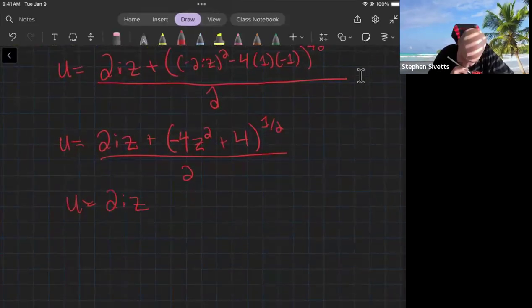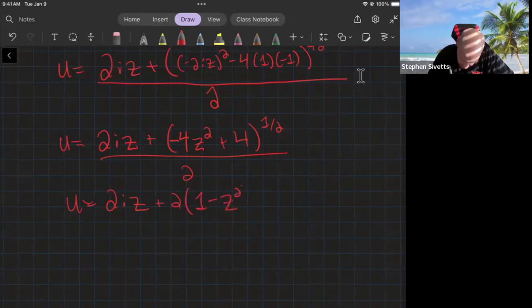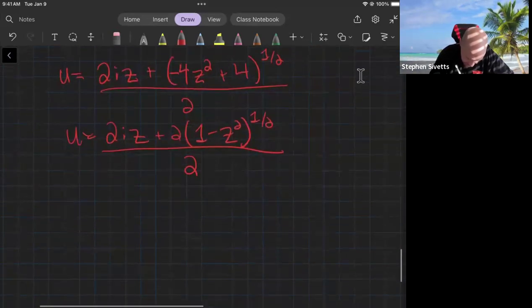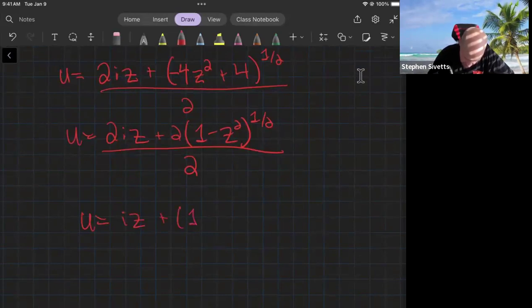So 2iz. So this would be plus 2 times, I'm going to write this out as 1 minus z squared to the 1/2 over 2. And so u is equal to iz plus literally the square root of 1 minus z squared.